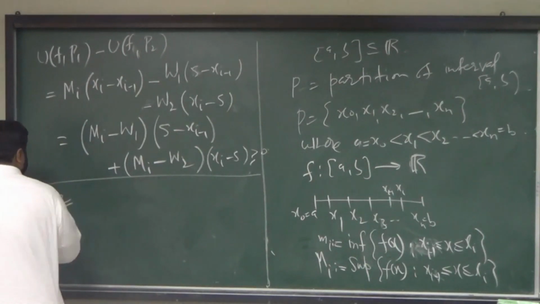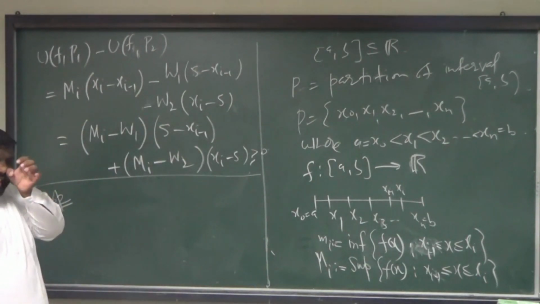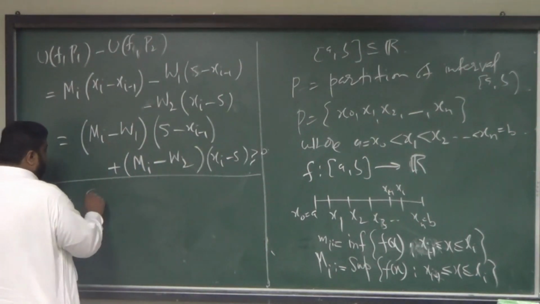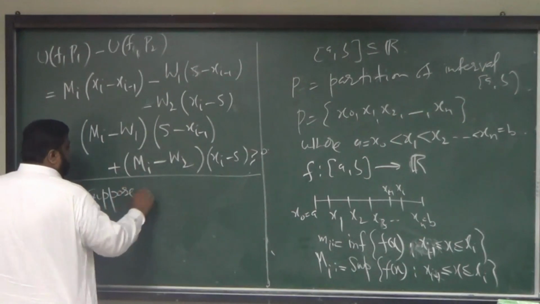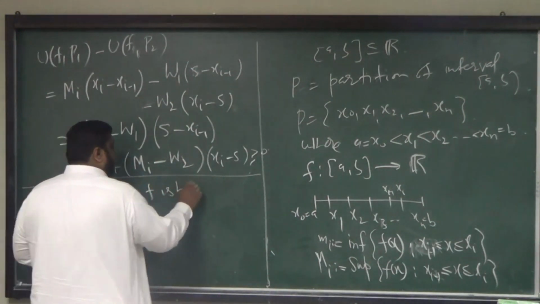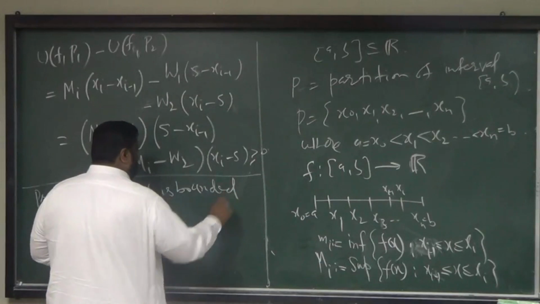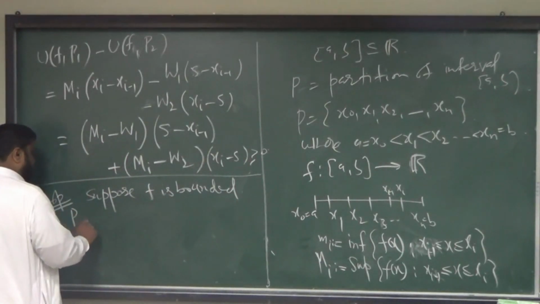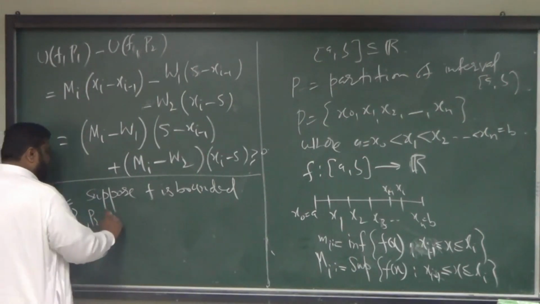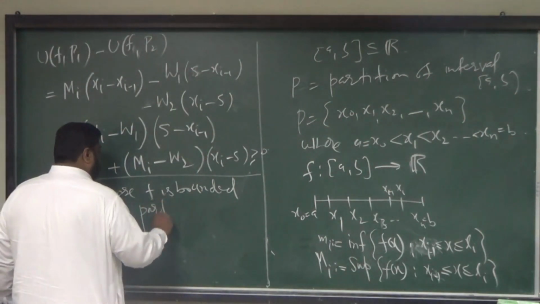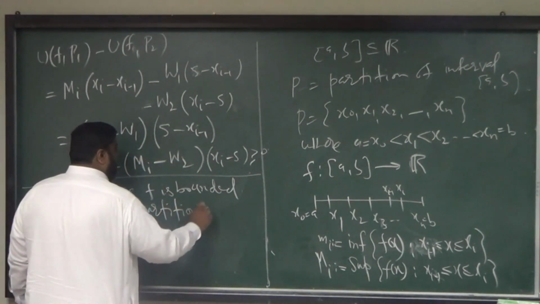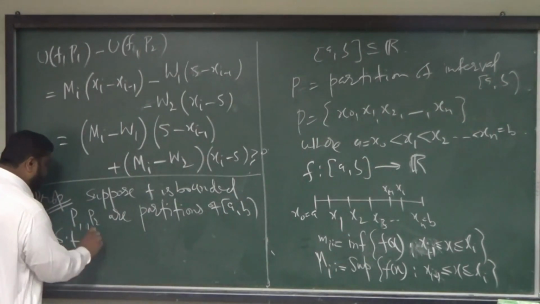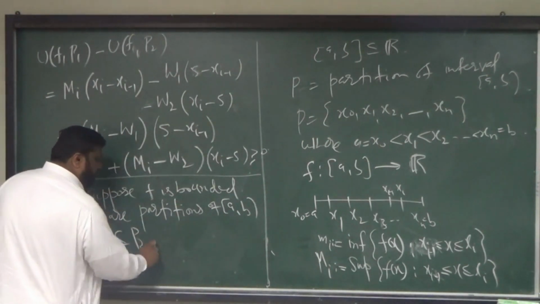So in other words, I can propose this general result. Let's suppose again f is bounded, and P1, P2 are partitions of [a,b] such that P1 is contained in P2 in general.